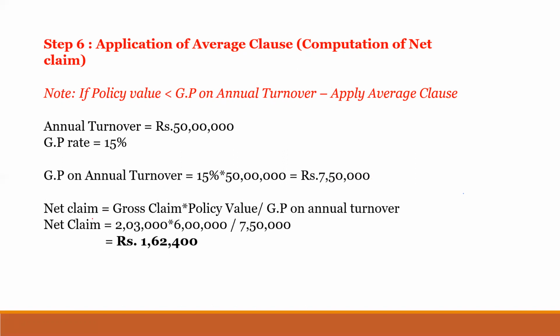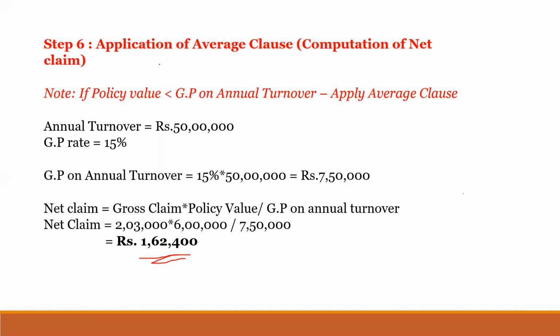Average clause is applied to calculate the net claim. Net claim is equal to gross claim, that is 2,03,000, into policy value 6 lakh by 7,50,000, which is the gross profit on annual turnover. So the net claim of this particular question is 1,62,400.